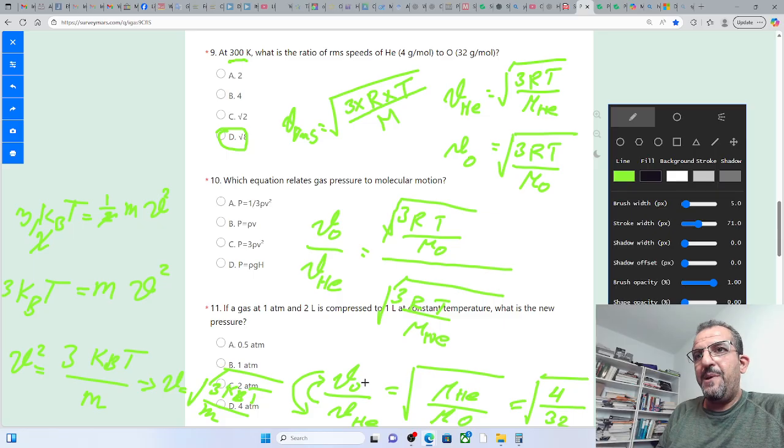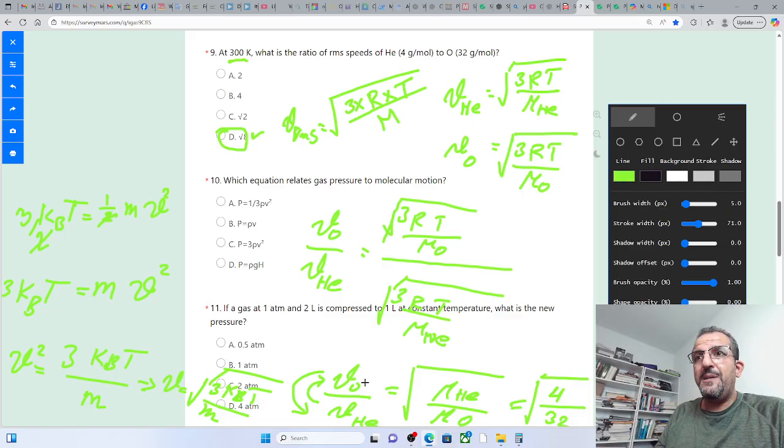You need to have the v root mean square for helium divided by the v root mean square for oxygen, and that's going to give you the square root of 32 divided by 4, which is the square root of 8, the right answer.